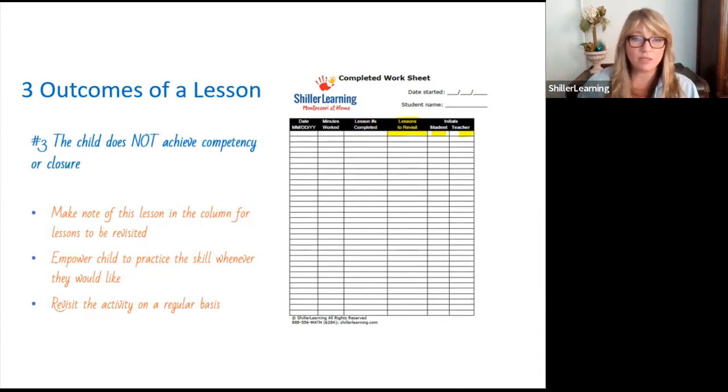And we are simply going to revisit that on a regular basis and empower the child to practice that skill whenever they would like. And again, often when you are at the phase of learning where you're introducing something with that 3-period lesson, the lessons that are exploring that second period are often the ones that are going to end up in that column for lessons to be revisited.